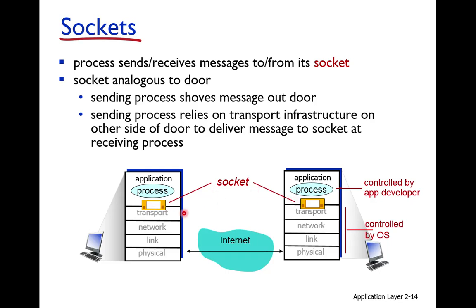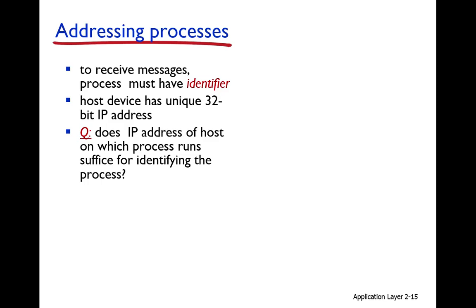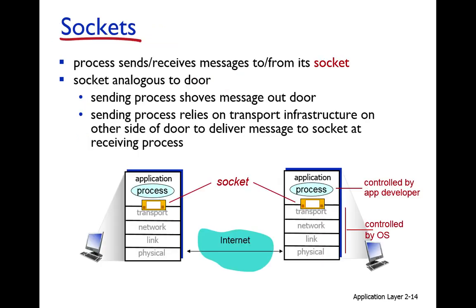So here, how is this data transferred by the transport layer? Let's discuss it. First of all, for sending data from one process to another process, we should have identifiers.